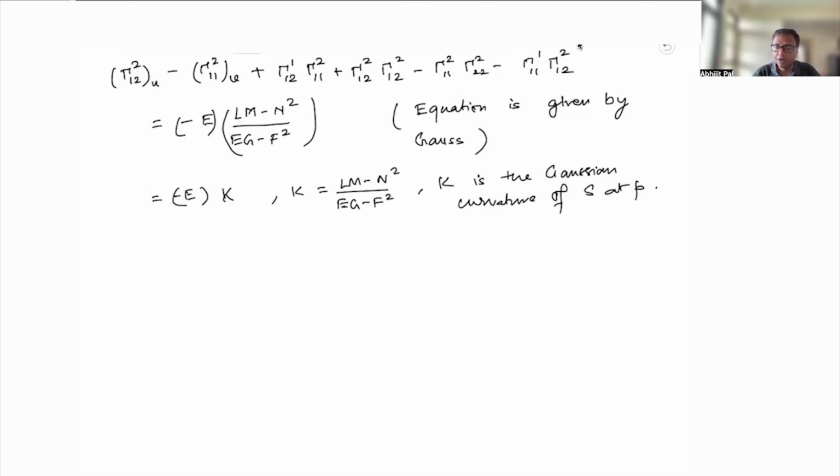Okay, now suppose you have a local isometry. A local isometry preserves the first fundamental form. So the coefficients E, F, G will remain invariant under local isometry.